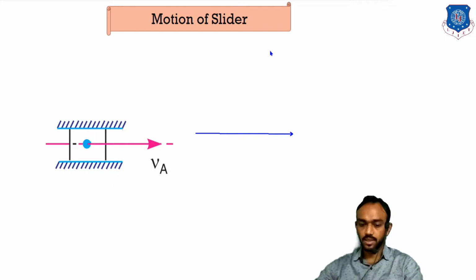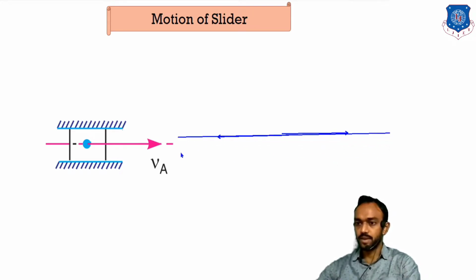If you consider any link which is rotating with respect to a center, every point has a direction perpendicular to this link, always perpendicular to the link. So there is a change in direction at every point, but a piston moves from this direction to this direction. So the line of action will be the same for the whole motion.